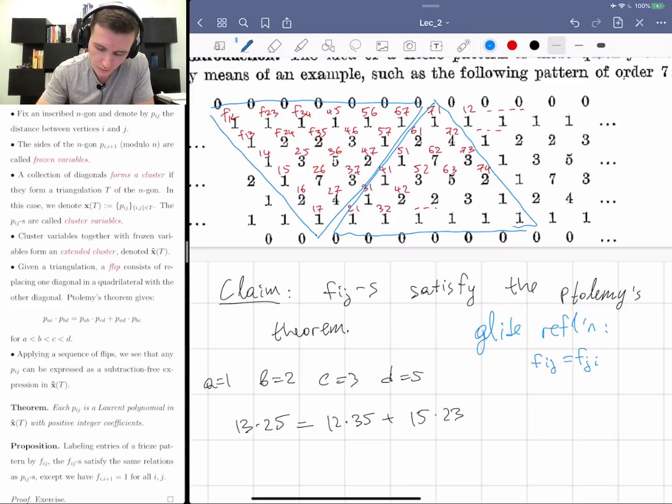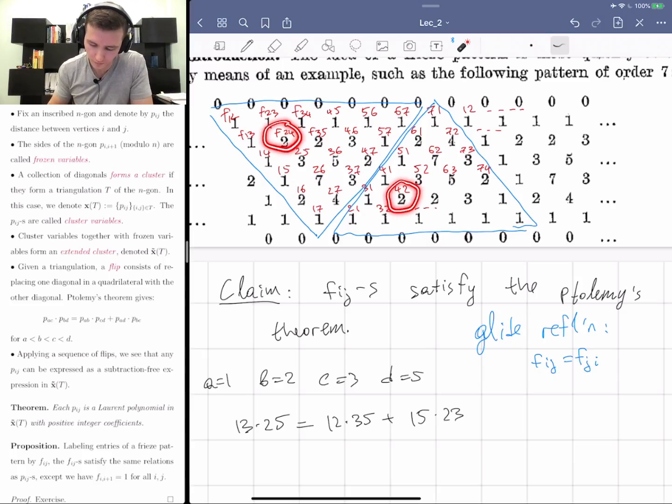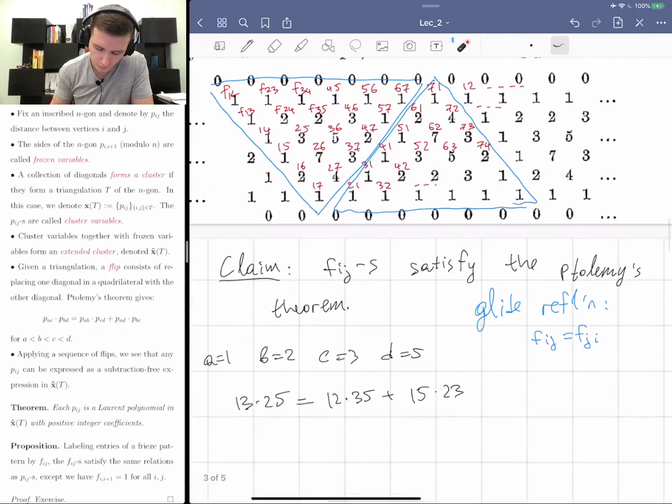For example, this F12 is equal to F21 here, and etc. So this labeling is very nice in the sense that it captures not only the periodicity but half periodicity of the frieze pattern. F24, and this is F42. Anyway, let me go back to computing the relation here.